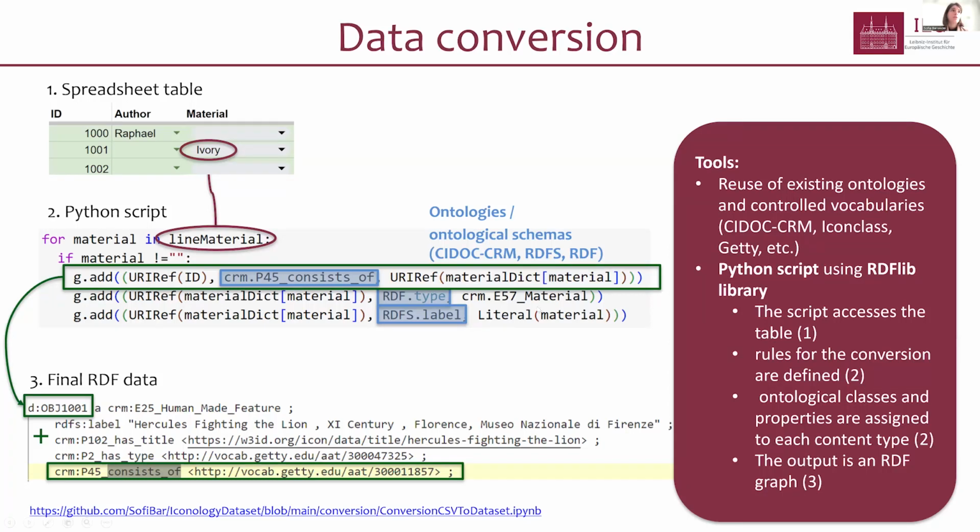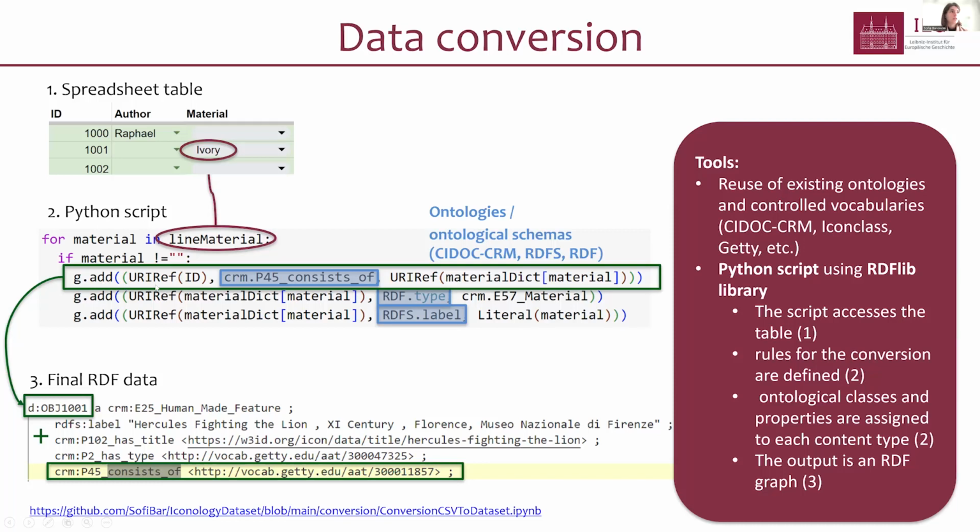Here, for example, you see in the Python script line that this term, line material, is accessing the cell of Ivory and saying that if this cell is not empty, then it will convert it into the final RDF data.